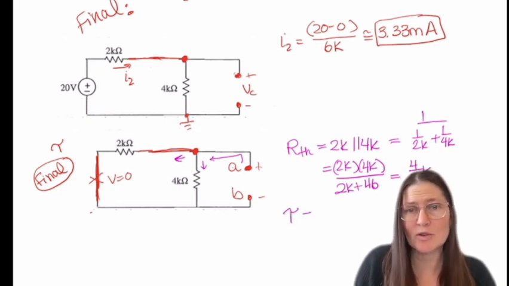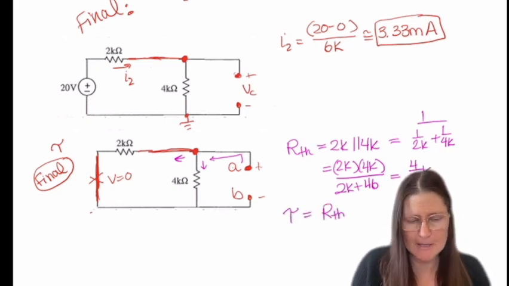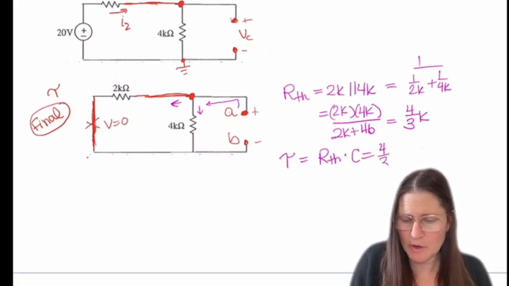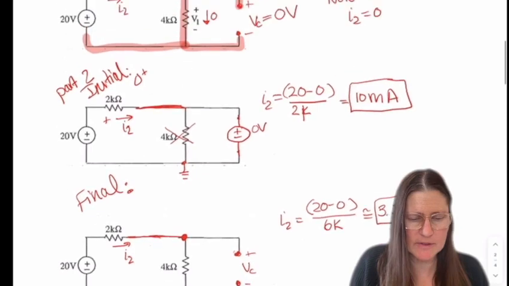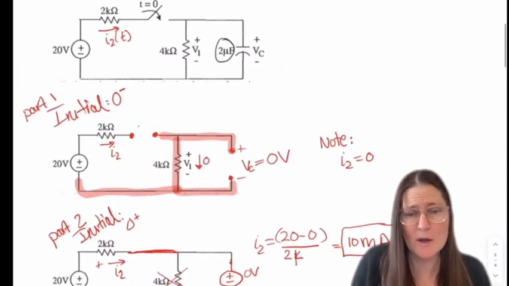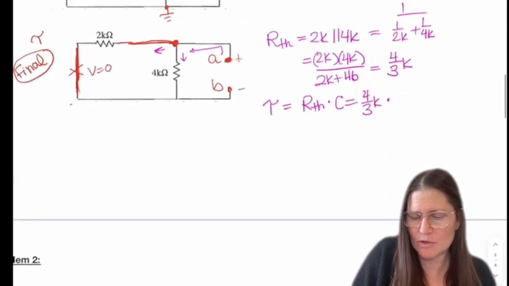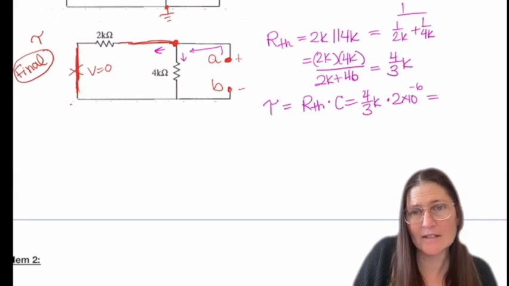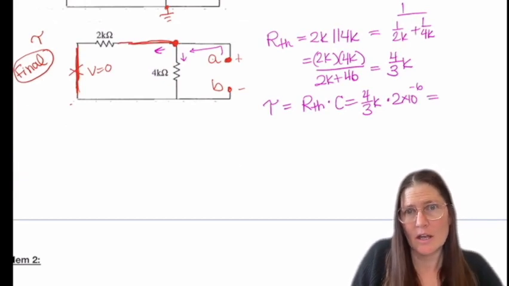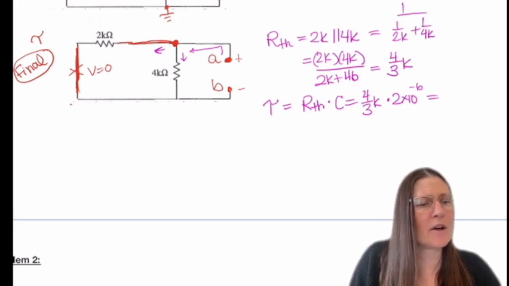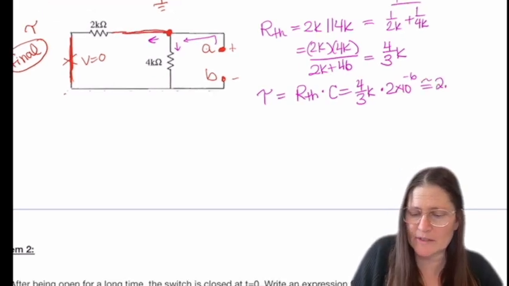And tau is going to be RTH times C. So 4/3 K times C, which was 2 microfarad, so I put in 2 times 10 to the minus 6, and K is 10 to the third. That ends up giving me a tau of approximately 2.67 milliseconds.